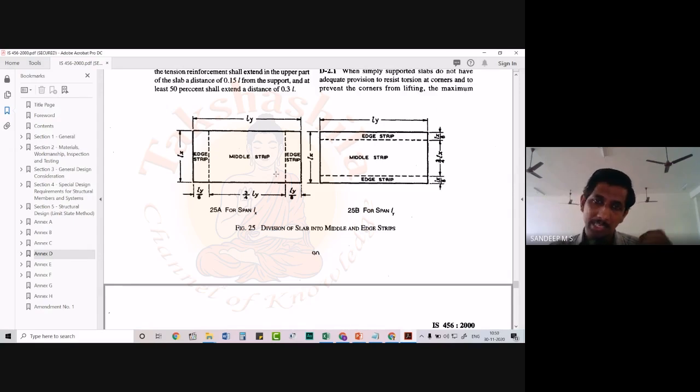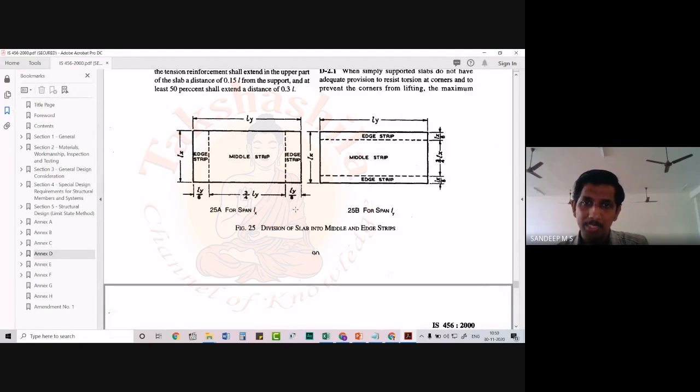Similarly, when you were performing the design in the other direction, that is along the Ly direction, you can see that the shorter edges in that case were actually continuous. So basically, when you perform the calculation, that is My, we have continuity on both these sides. So basically, we will be having some negative moments coming on both these supports.